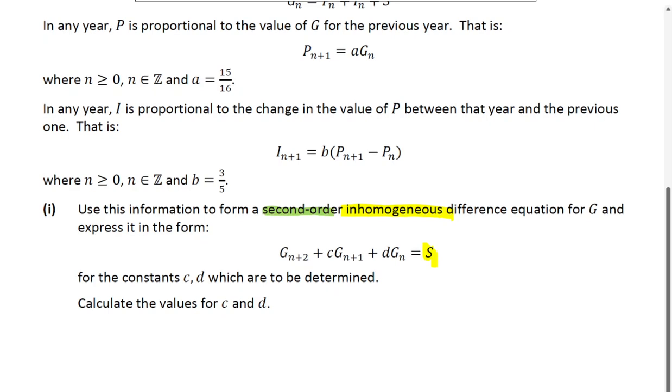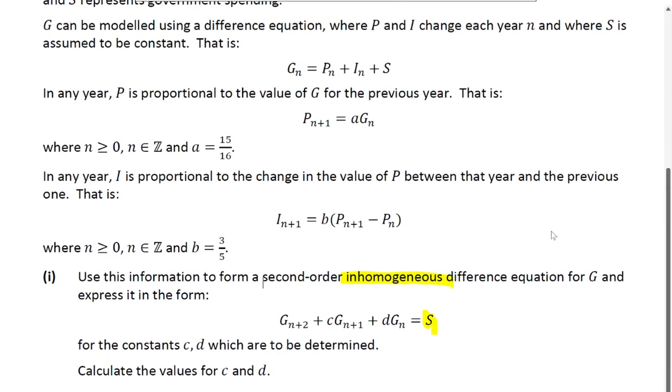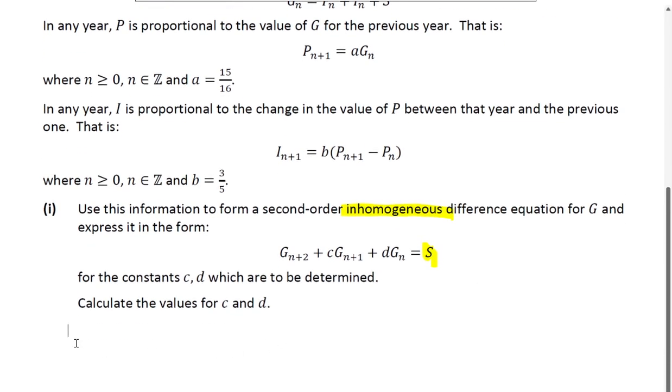For the constants C and D, which are yet to be determined, I'll leave that yellow there just so we remember. Calculate C and D. Okay, so from the information we have, we've got to somehow create that thing. So what I'm actually going to do is type this stuff out.